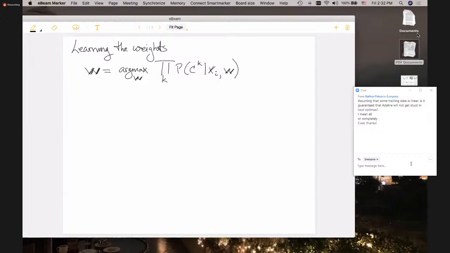This expression applies not just to the two-class problem, but to k classes. I'm going to start by solving it for two classes. K is an index into the classes, and this is not a power. This is an index, the indexed class.